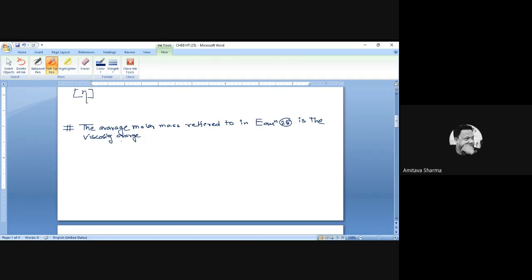Remember that it is always the viscosity average. I am also writing the equation for the viscosity average. This is the viscosity average.